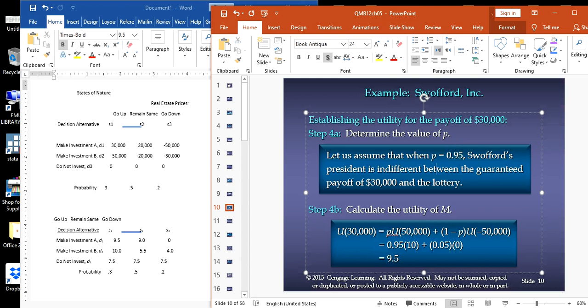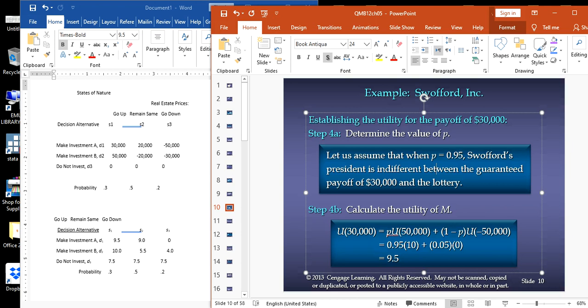So these P's will be given in the exam when you face this question. And we have 30,000 over here. So if we assume that 30,000 is 10, and the worst case is 0 in each.